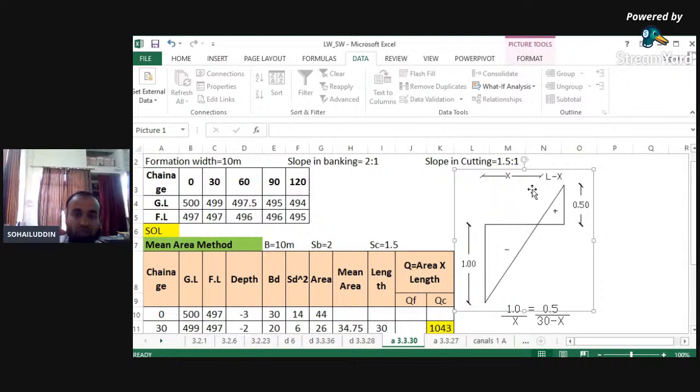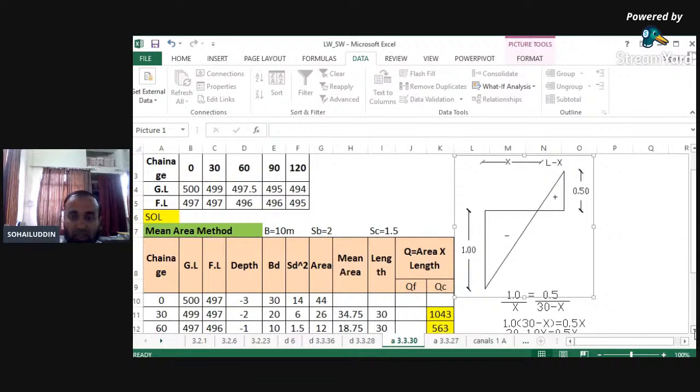This is like the point of contraflexure, which we have seen in shear force and bending moment, where the moment is zero. At the point where the sign changes from negative to positive, we have to find the distance x and L minus x, where L is the total length. Here the total length, the difference in chainage, is 30 meters, so L will be 30 meters. We have to find out the x in this case.